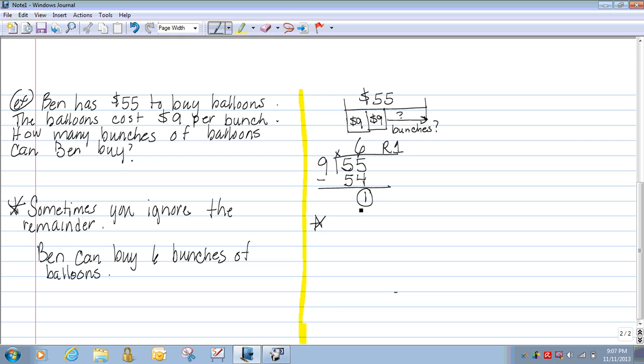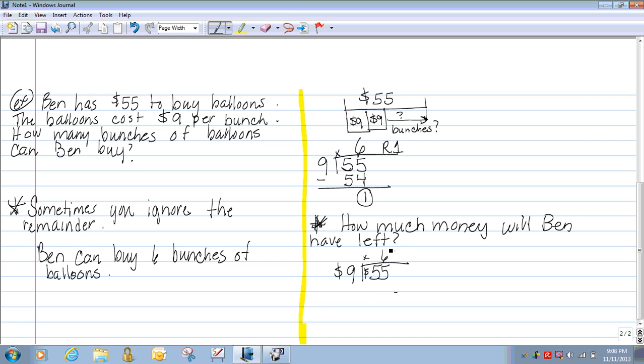Sometimes, however, if the question asks something like this, how much money will Ben have left? Well, that's another question. If he has $55 and each bunch of balloons costs $9, 9 times 6 equals 54.